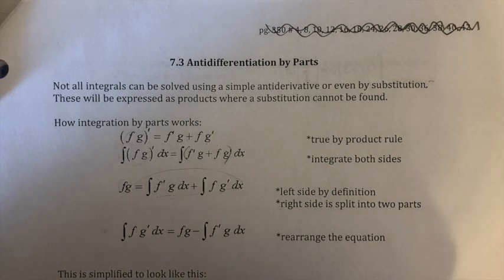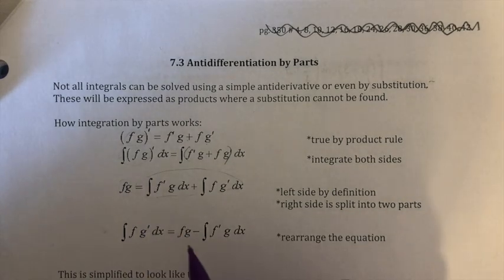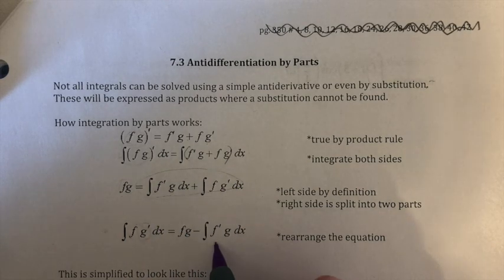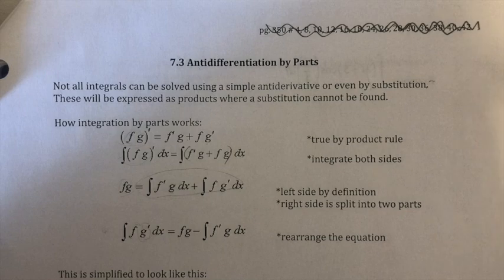Generally, we are given one of these two statements. So we're given f g prime: something that's easy to differentiate and something that's easy to integrate. Then we have to use this in its rearranged form to make it into something that is easier to integrate.